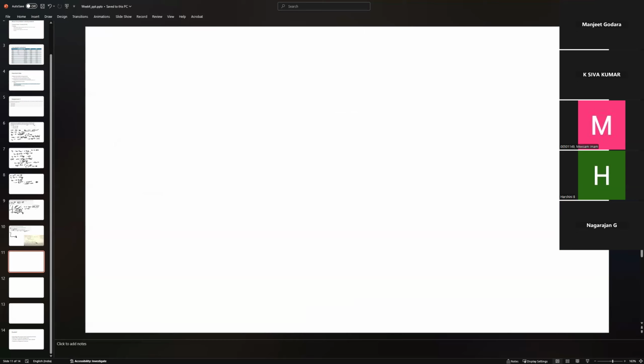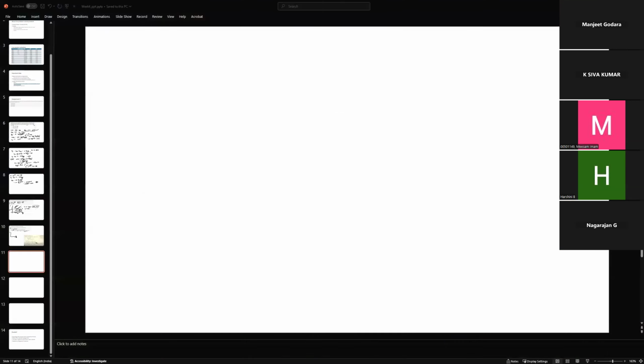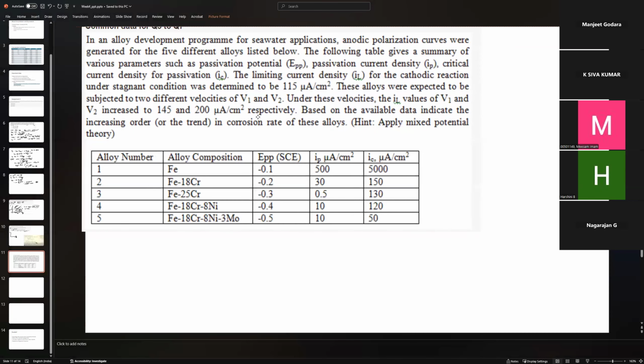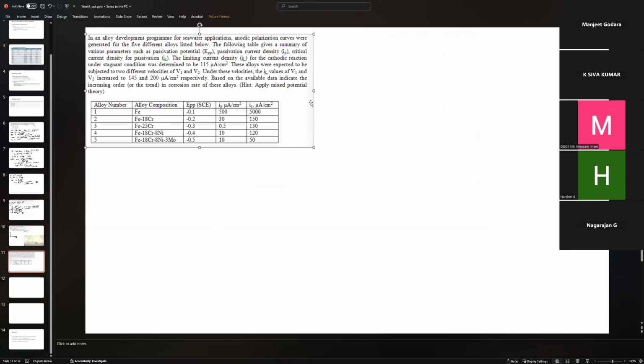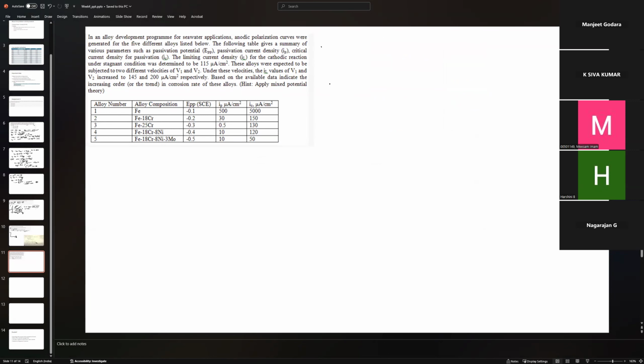Let's see the next three questions, questions 5 to 7. In an alloy development program for seawater application, anodic polarization curves were investigated for 5 different alloys listed below.